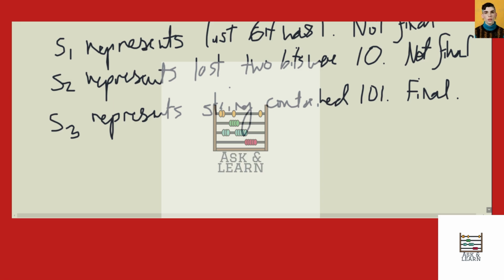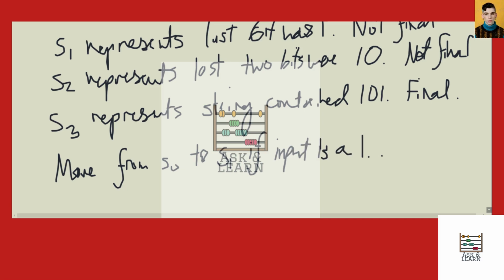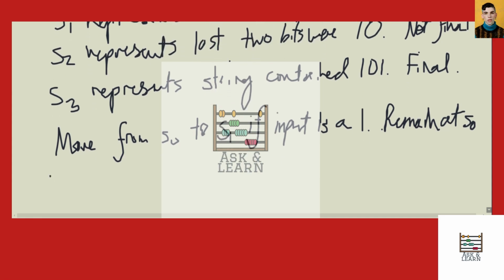So we'll move from S0 to S1 and come across a 1. And otherwise we're going to remain at S0 if the input is a 0.